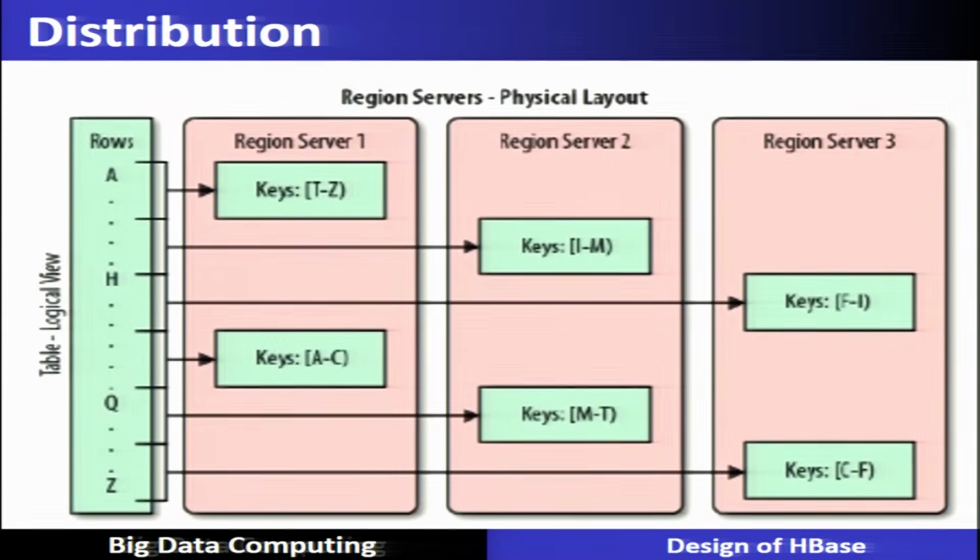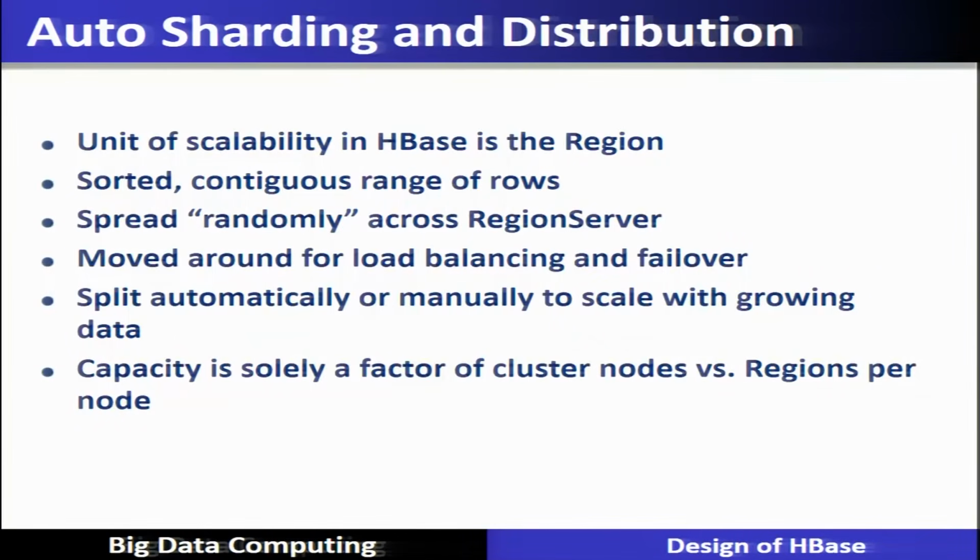Similarly, in the table's logical view, we can see that the rows are split by row keys into range keys, and these range keys are sharded into the region servers. We have shown here that the rows from A to Z are stored in 3 different region servers, and this layout is done automatically, which is called auto sharding and distribution.